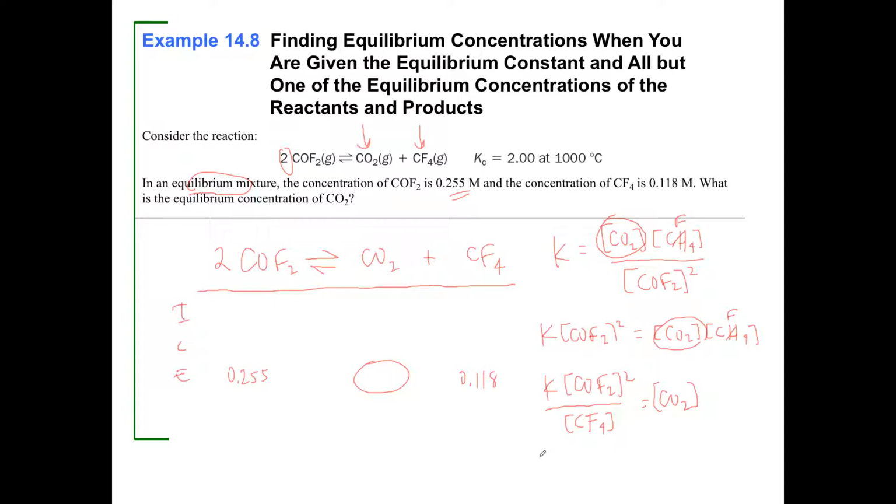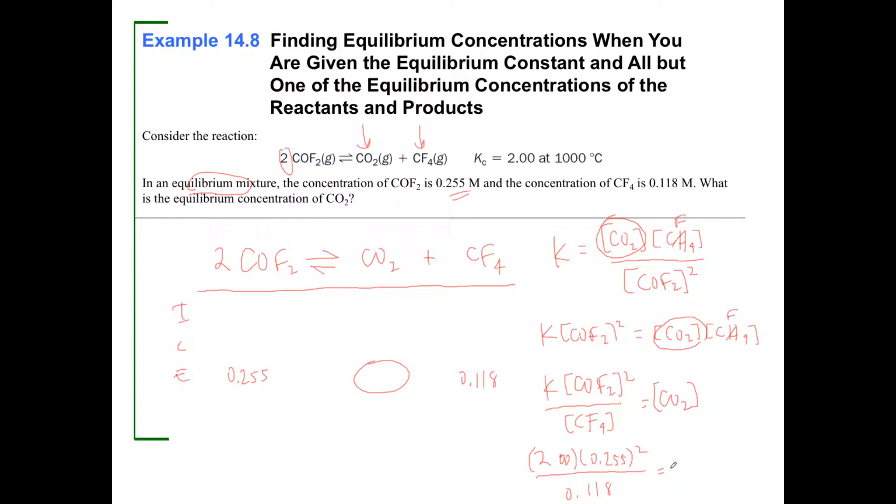So let's write this out. K is 2.00, see it here? COF2 is 0.255 squared, and carbon tetrafluoride is 0.118. I need to put this in my calculator. Pretty sure I've got this laid out right. I'm going to be real careful with it.